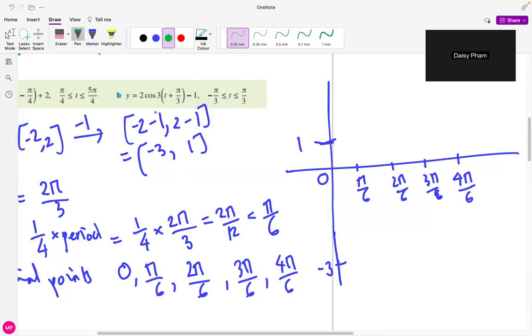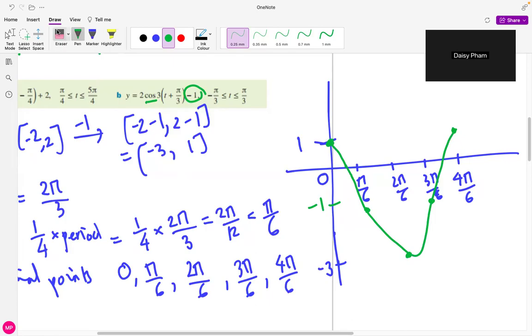Because this is a cosine graph, we start from the top at 0 here. The middle number between -3 and 1: if you add them together and divide by 2, you get the middle, or you can just look at this. The middle is -1, which makes sense. So I start from the top, then the next point hits the middle, the next point hits the minimum, the next point hits the middle, and the next point hits back the maximum. So I have my graph that looks like this. This is the original graph before the translation happened.